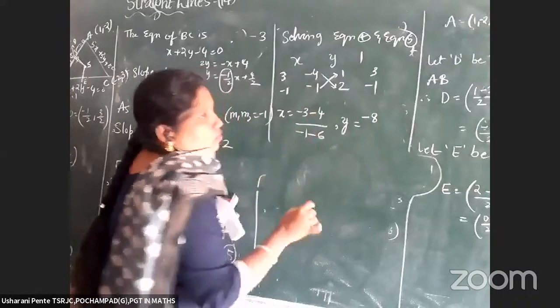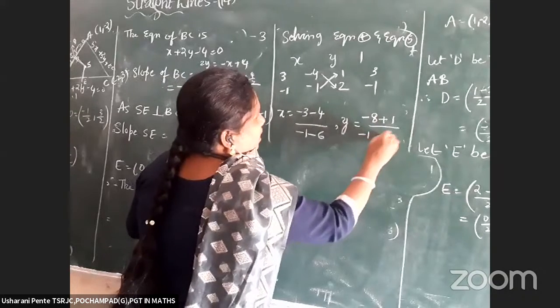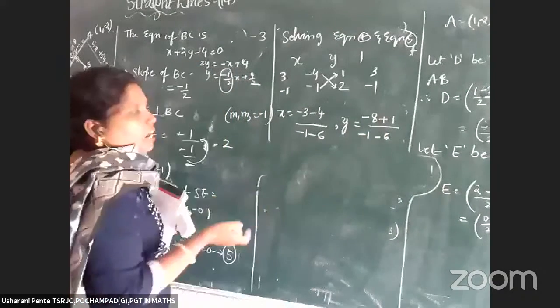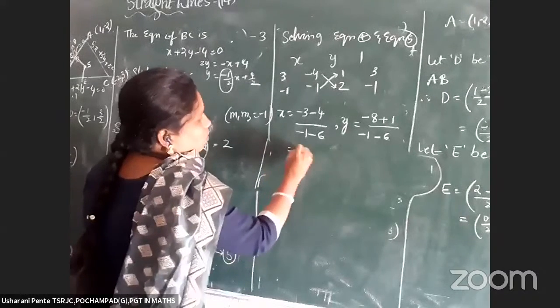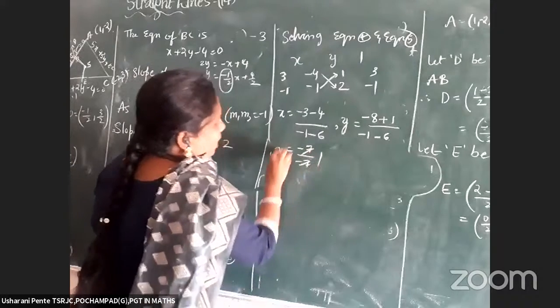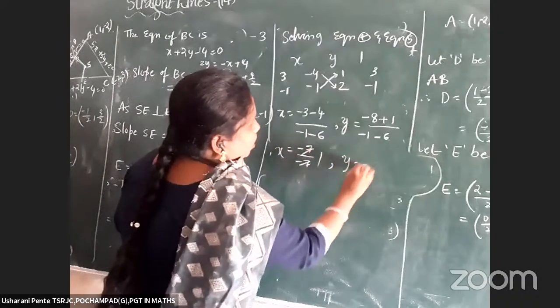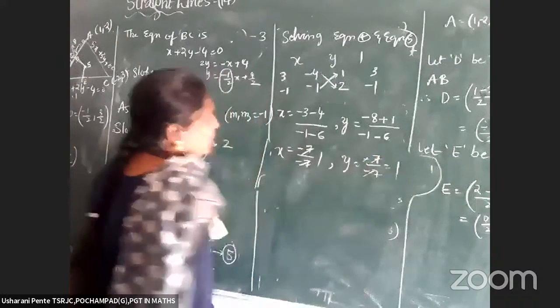Minus of minus will become plus 1, by minus 6 minus 1, and minus 6. Therefore, this is equal to minus 7 by minus 7. Hence, x is equal to 1 and y is equal to minus 7 by minus 7. So we are getting y as 1.